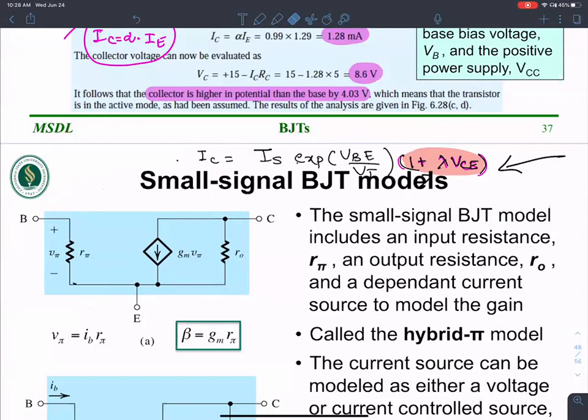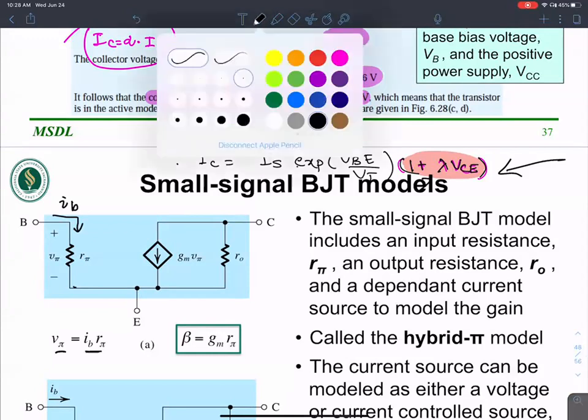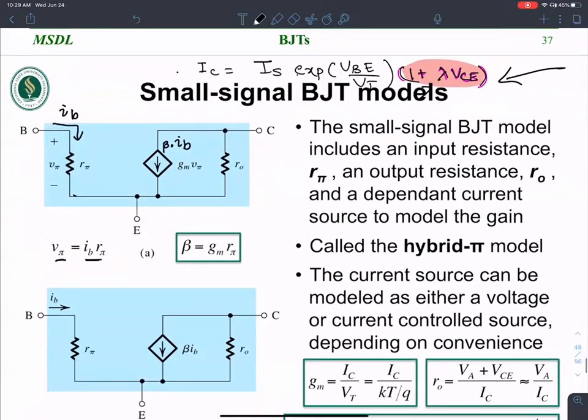Now, of course, V pi is IB times R pi, by Ohm's law, if the current flowing into the base is IB. And beta is the current gain factor. So I could have written this as beta times IB as well, because IC is beta times IB.